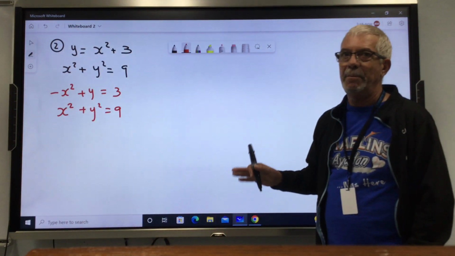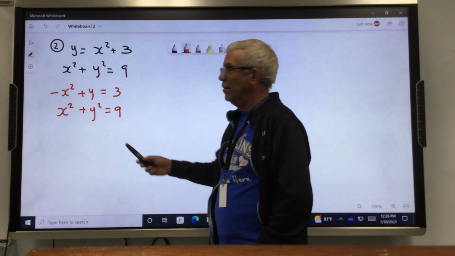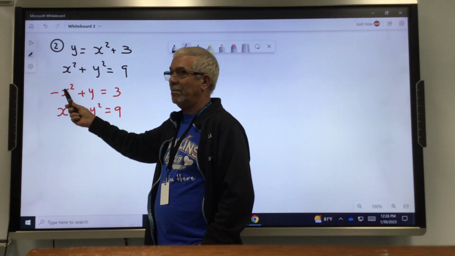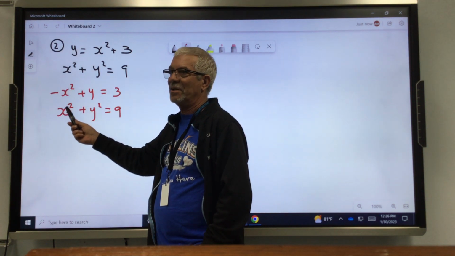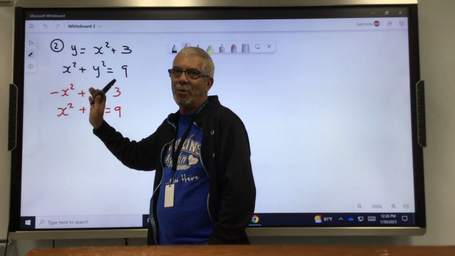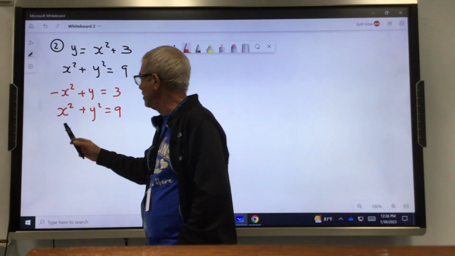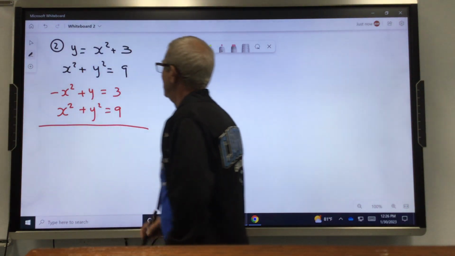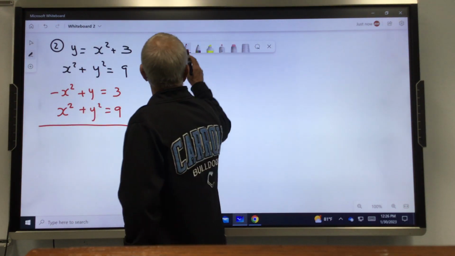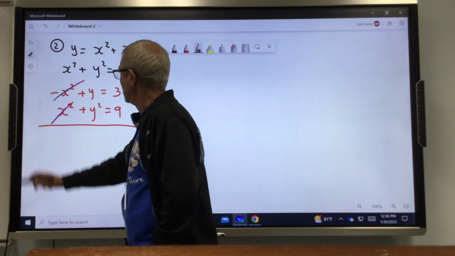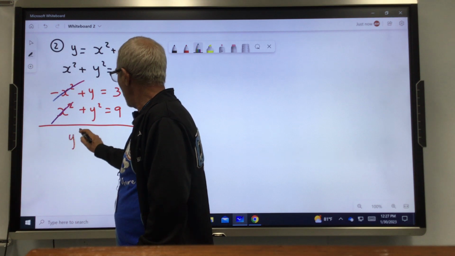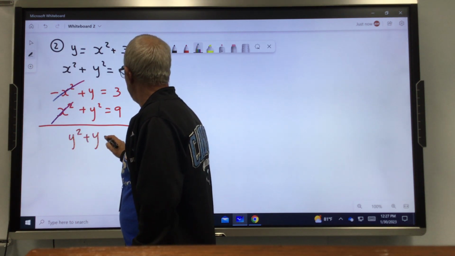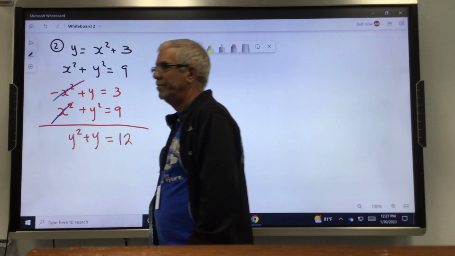Look, that is a very easy system. Because we have negative x squared and x squared, we don't need to multiply by anything. Then we can add both of them. X squared and negative x squared cancel. Y, in that case they are different. Y squared plus y equals 12, no?